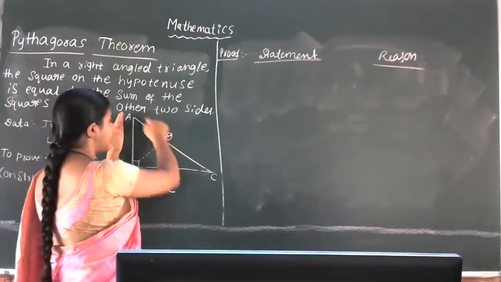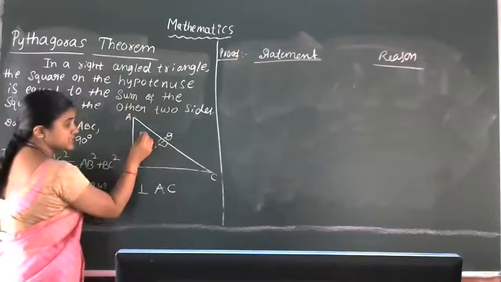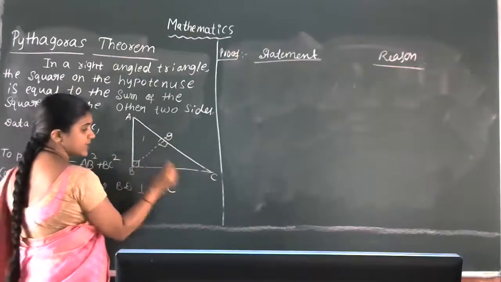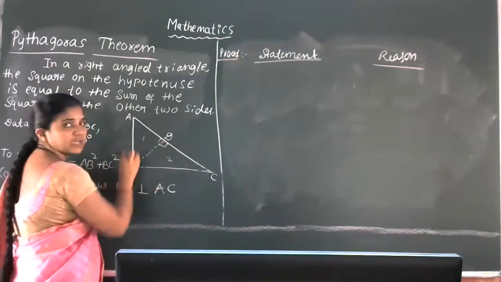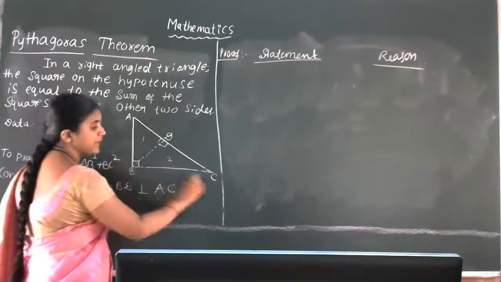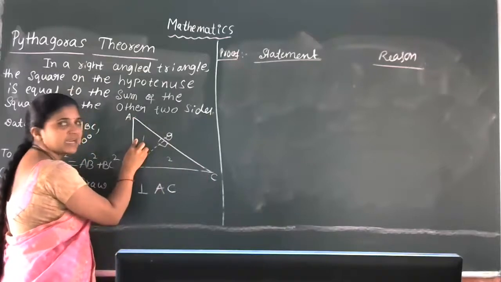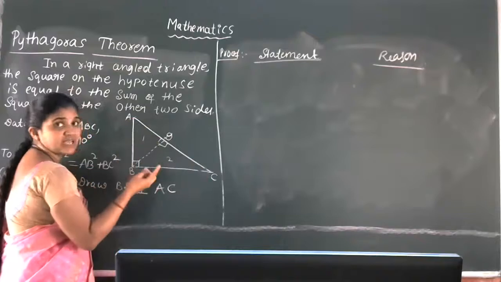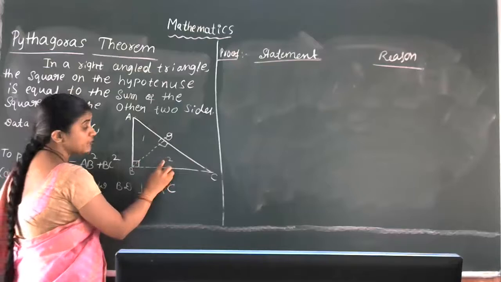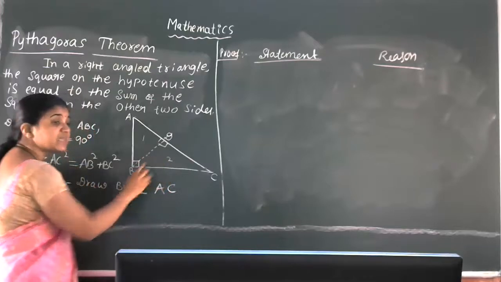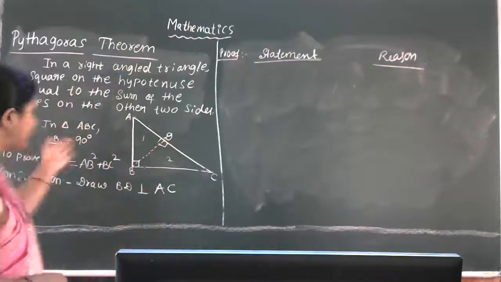So can we take it as data or common angle? Yes, we'll take common angle. So two results, AA criteria. Can we say congruence, sorry, similarity, not congruent. This is a similar triangle. Therefore, triangle ABC is similar to triangle ADB according to AA similarity criteria.